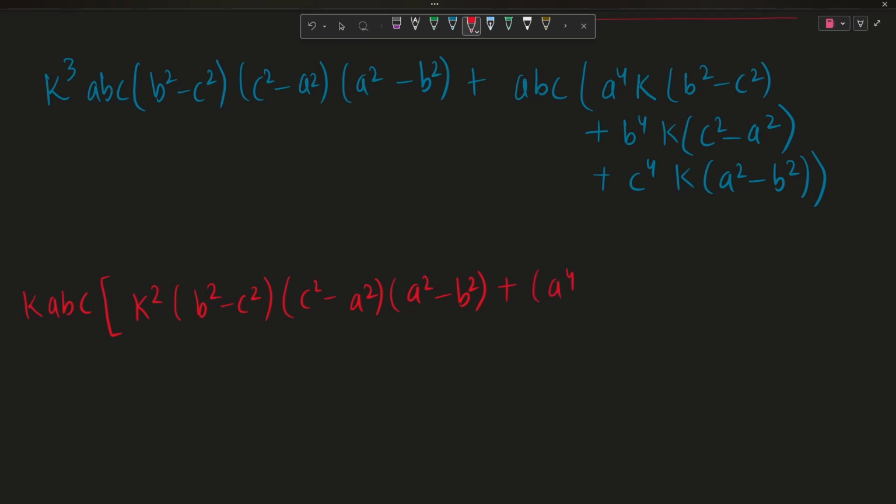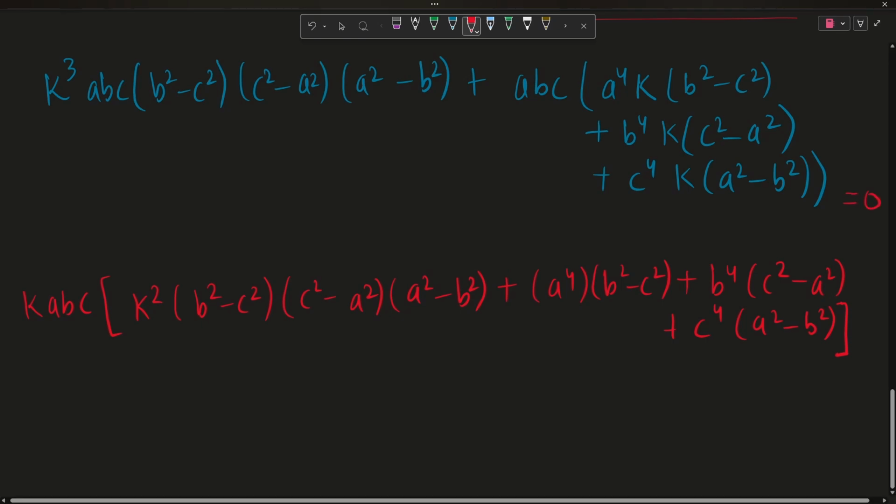So a to the power 4 into b square minus c square plus b to the power 4 into c square minus a square plus c to the power 4 into a square minus b square. And here we close the bracket. So this is something that we reached, and now we need to solve it. This all is equal to 0.